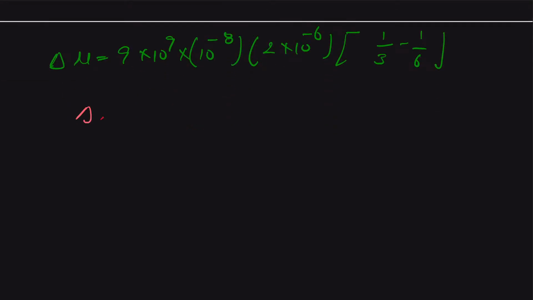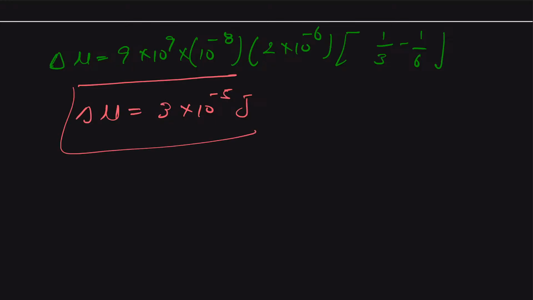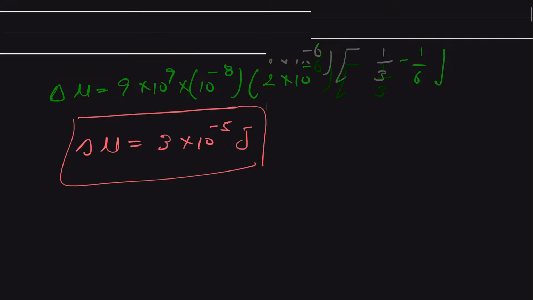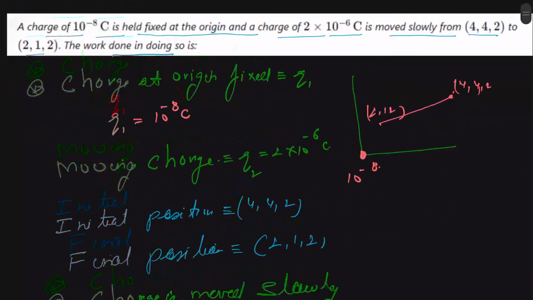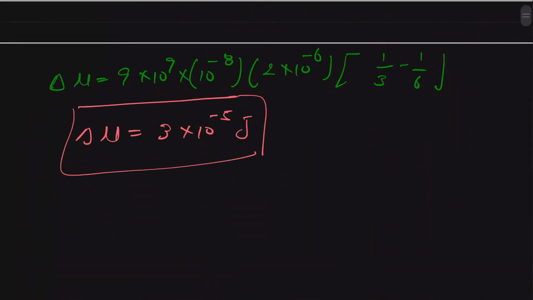So we get delta U equal to 3 into 10 to the power minus 5 joules. That was our first question, and this is nothing but our work done.